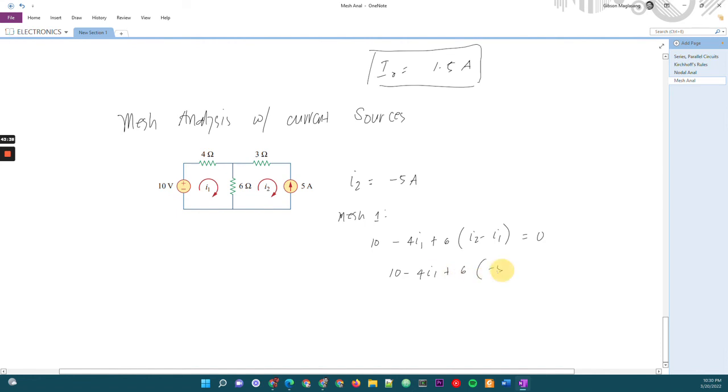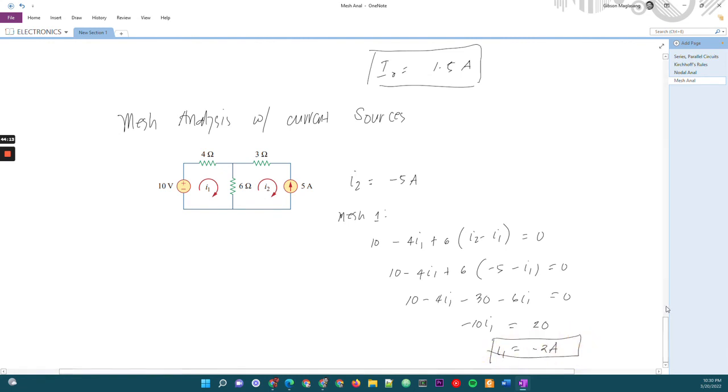So negative 5 minus I1 equals 0. 10 minus 4 I1 minus 30 minus 6 I1 equals 0. Right? So this is negative 10 I1 is equal to positive 20, right? So I1 would be negative 2 ampere.